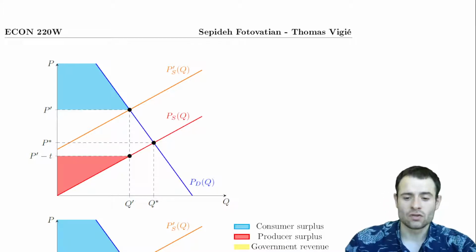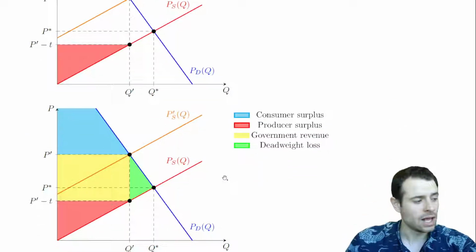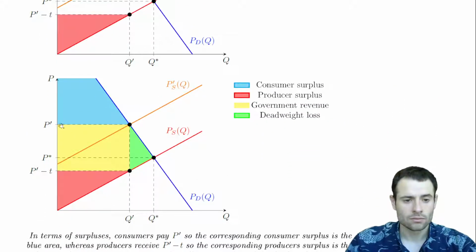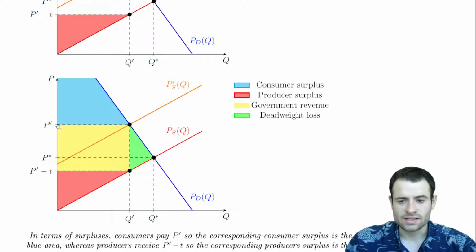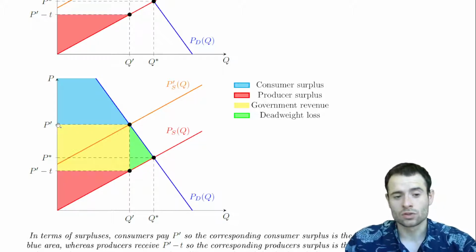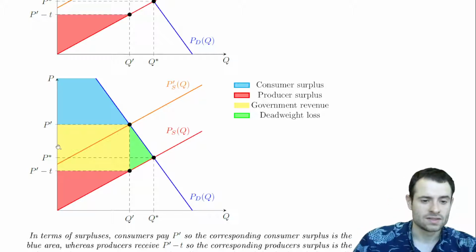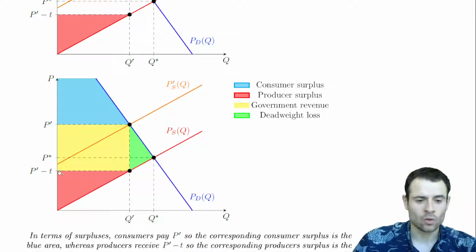We now need to take into account the government revenue, which is going to be the yellow area here. This revenue is equal to the amount of the tax, T, multiplied by the quantity sold after tax, Q prime.